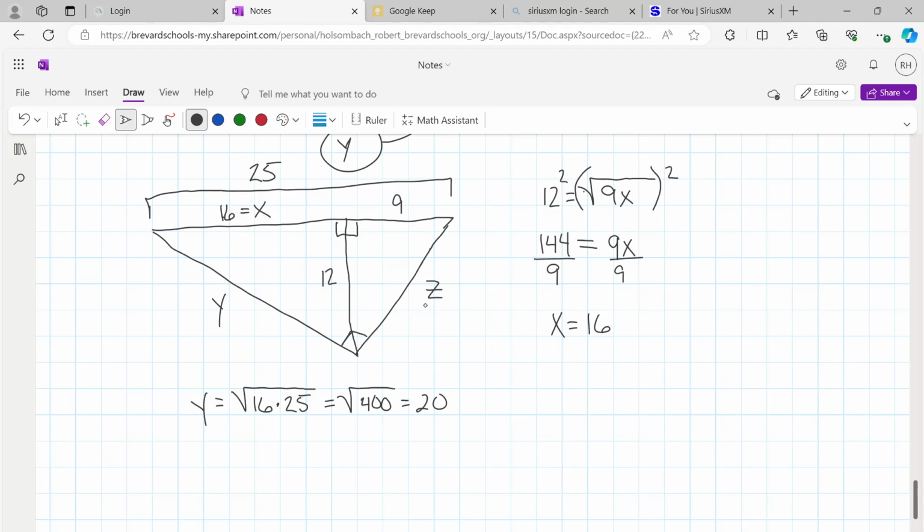And then our side z is equal to the square root of this piece right around the corner, or right around the vertex, 9 times the entire hypotenuse, which is 25.